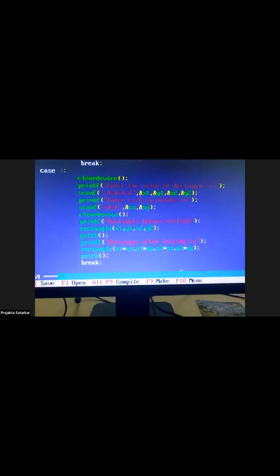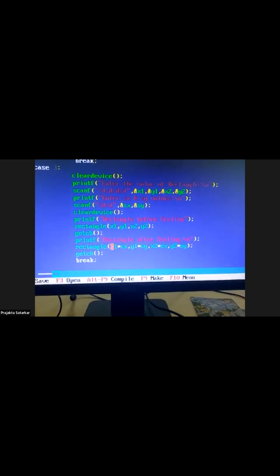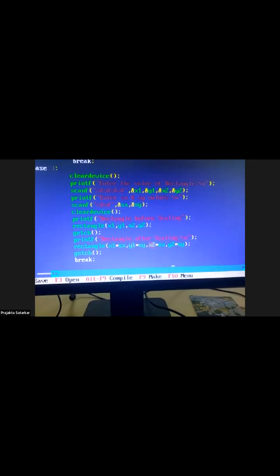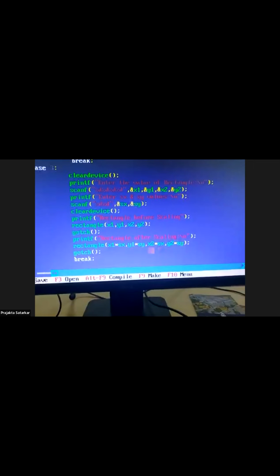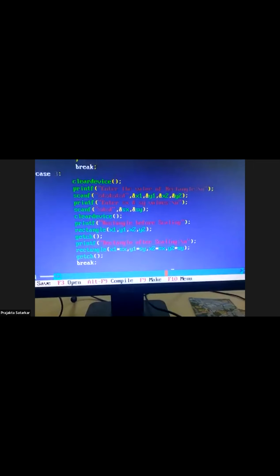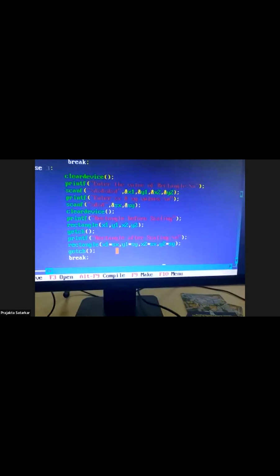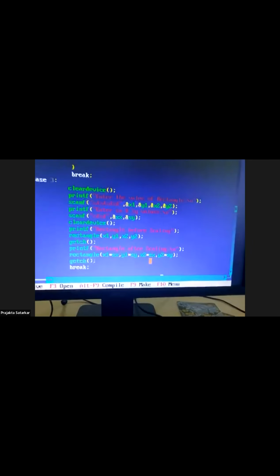The rectangle after scaling is simply multiplying every x value by Sx, the scaling factor along x-axis, and multiplying every y with the scaling factor along y-axis. So simply you have to take Sx and Sy from the user, multiply the x coordinate with Sx, and the y coordinate with Sy. So you will get the output.